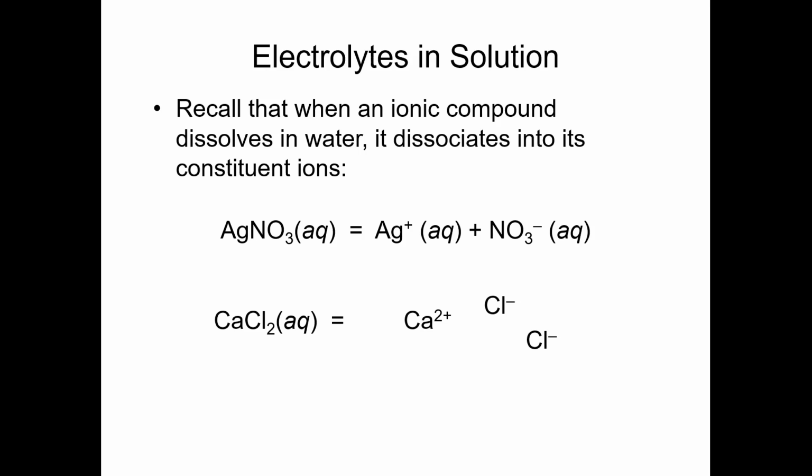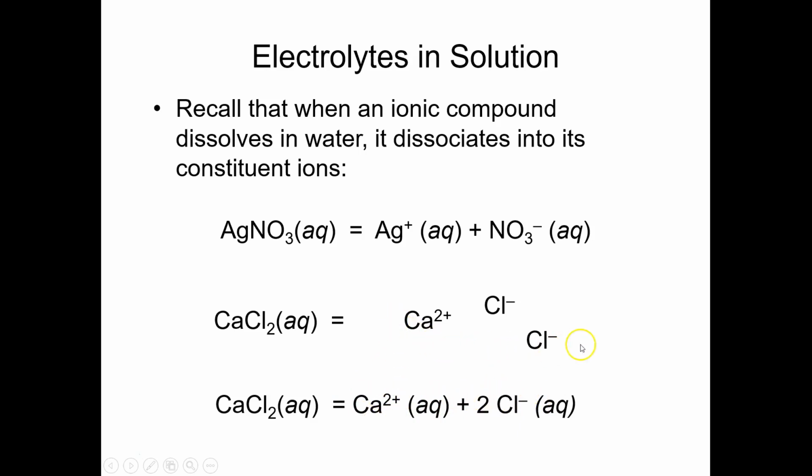In a more streamlined way, we would characterize this as saying that if I've got a mole of calcium chloride, then I've got a mole of calcium ions plus 2 moles of chloride ions. So this is a more formal way of describing what I've got here.